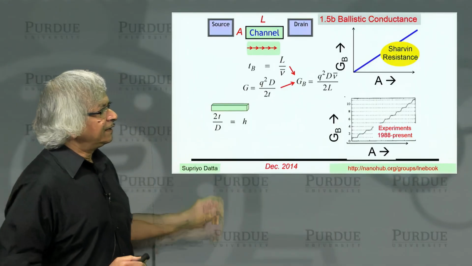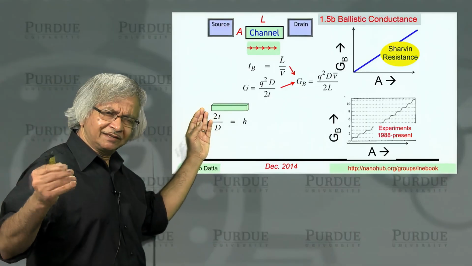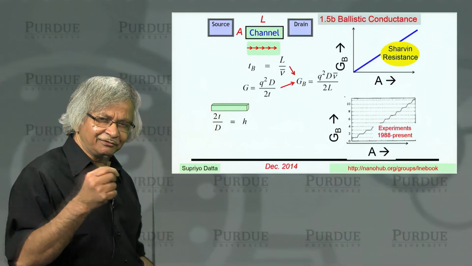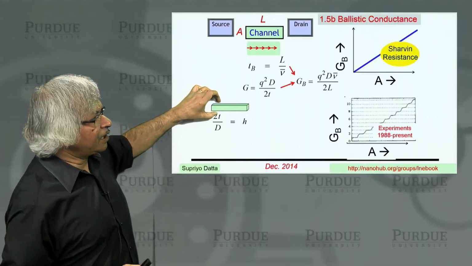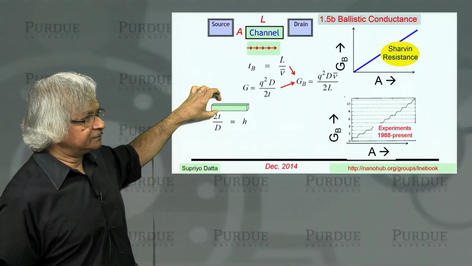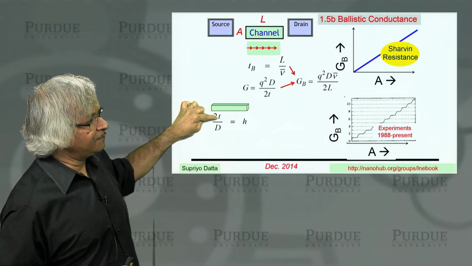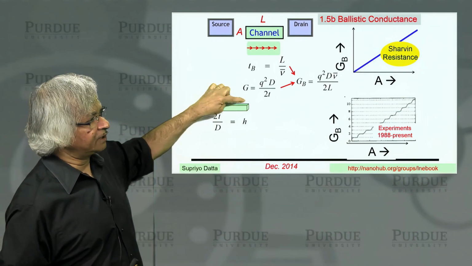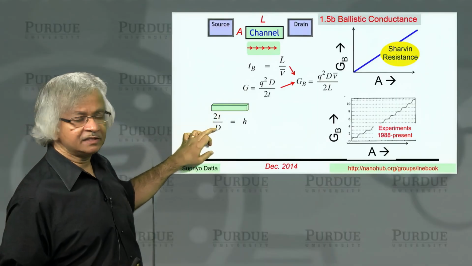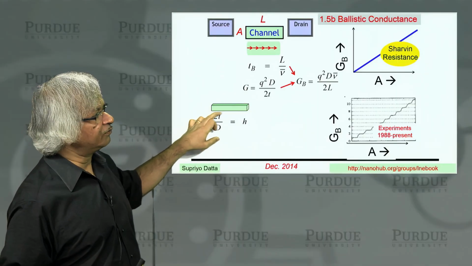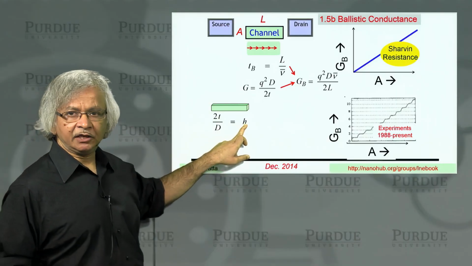Well, this is something we'll talk about more in the next unit, but let me just get ahead of myself for a minute and tell you a little bit about it. If you take a one-dimensional wire, what you can show is that the time it takes for an electron to get from left to right, this T, and this D is the density of states, this quantity 2D over T is equal to Planck's constant h.